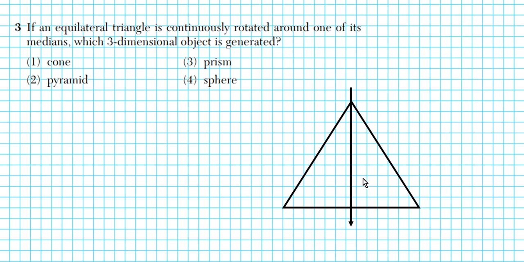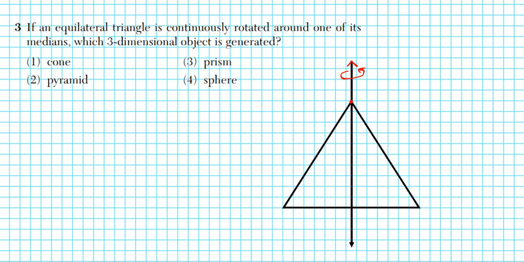Now, if I rotate this triangle about this axis of rotation right here, can you visualize what is going to happen? When you rotate this triangle continuously about this axis, so you're spinning it around, what's going to happen?